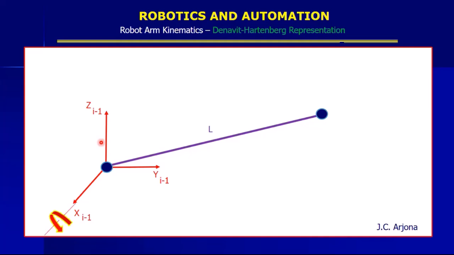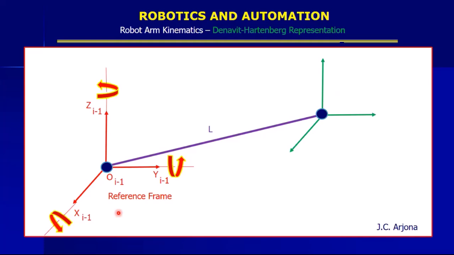And each of the axes can be rotated, for the X, for the Y, and for the Z. And this is called the reference frame. On the second point of the link, as the other end point, there is another frame, represented by Xi, Yi, and Zi for the respective axes.